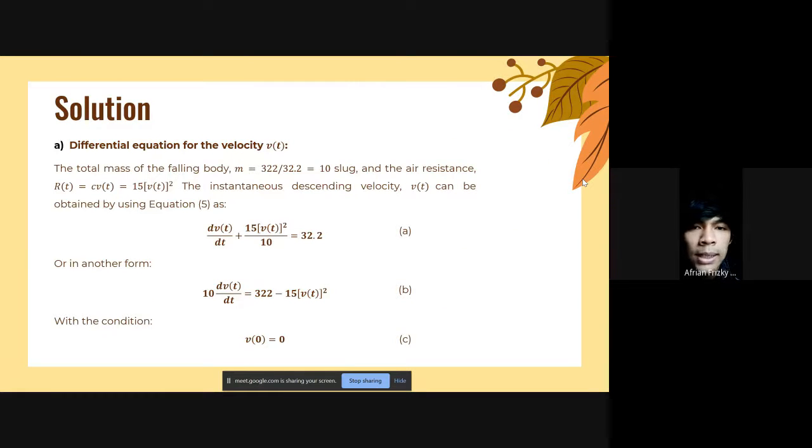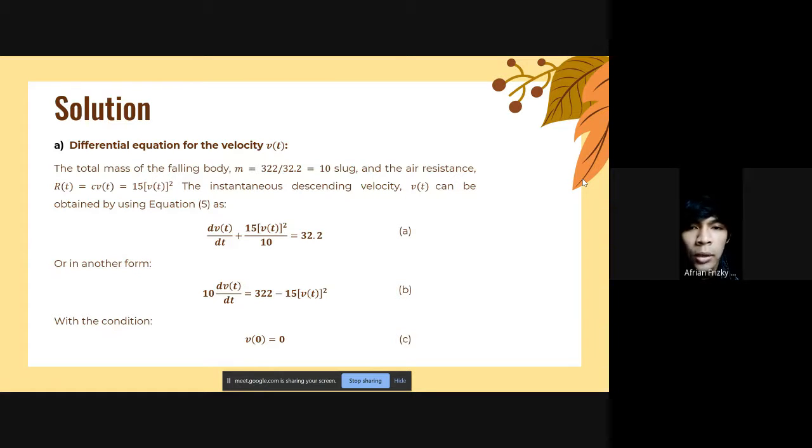For the first, the total mass of the falling body is m. m equals 322 divided by 32.2, which is 10 slugs, and the air resistance is R(t) equals C V(t) squared, equal to 15 times V(t) squared.